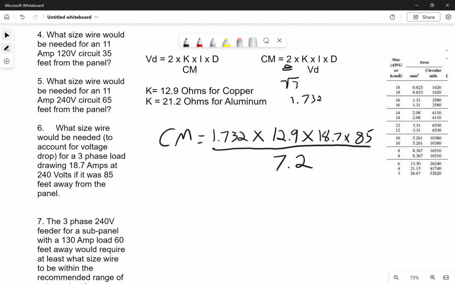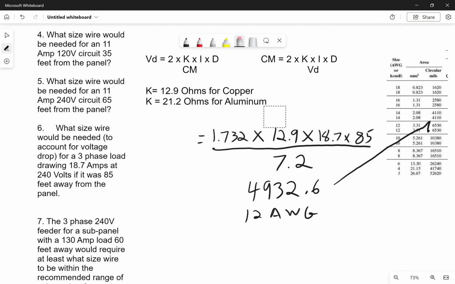And then we're going to divide all of that by the 7.2 volts, and we're going to get 4,932.6. So if we look up here, that is bigger than a 14, so it's going to be a number 12 AWG that we're going to have to use as our wire size there.